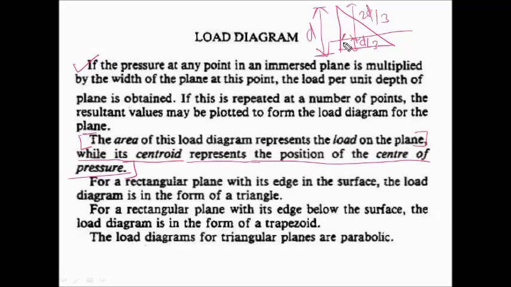So this is the location of the center of pressure. You know the depth, so by using that, depth divided by 3 gives the location of the center of pressure from the bottom, and 2d by 3 gives the location from the top.